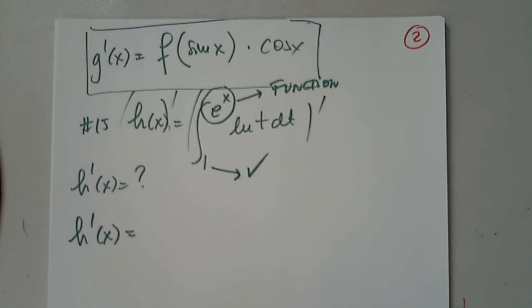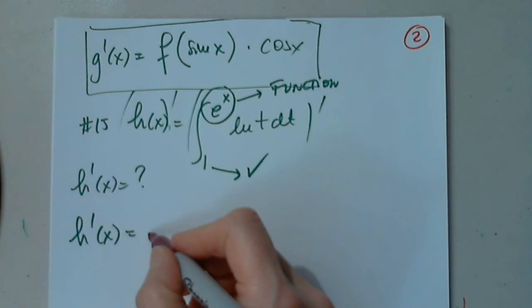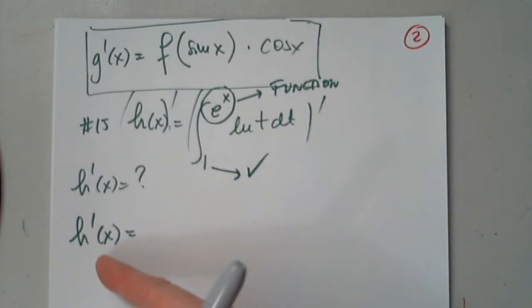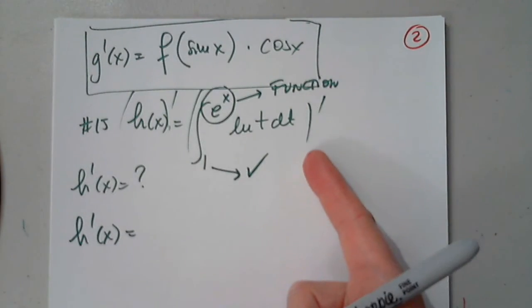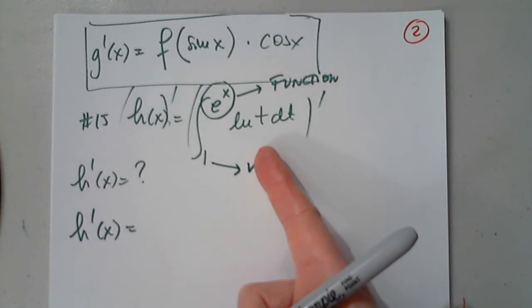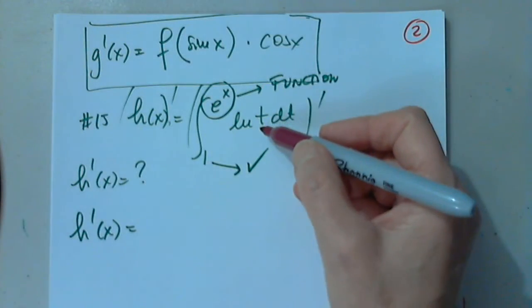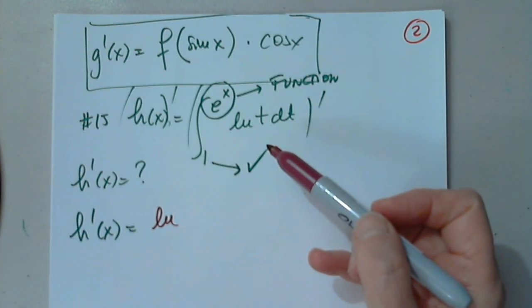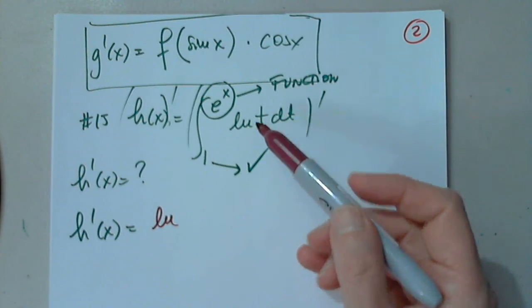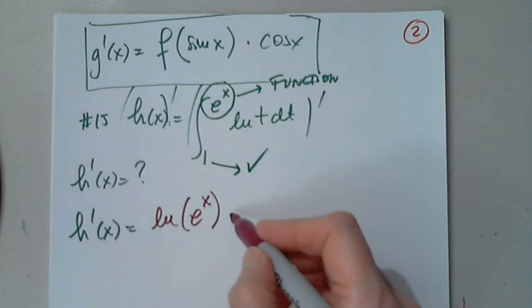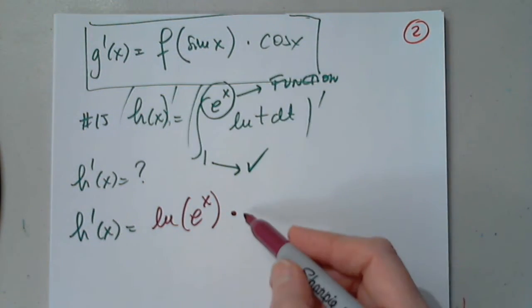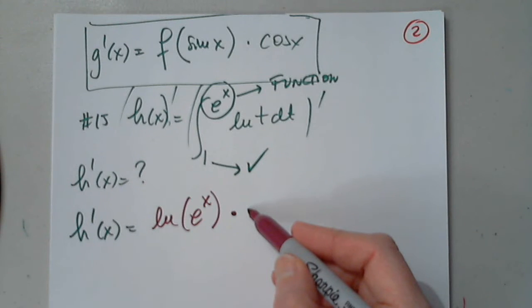So h prime is h, and then in parentheses it's ln of e to the x, awesome, times the inner function prime, e to the x.